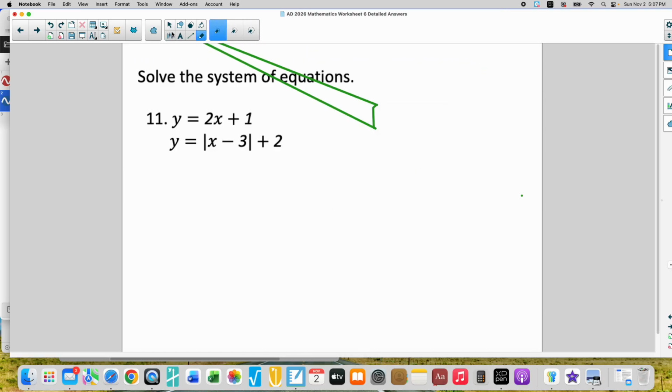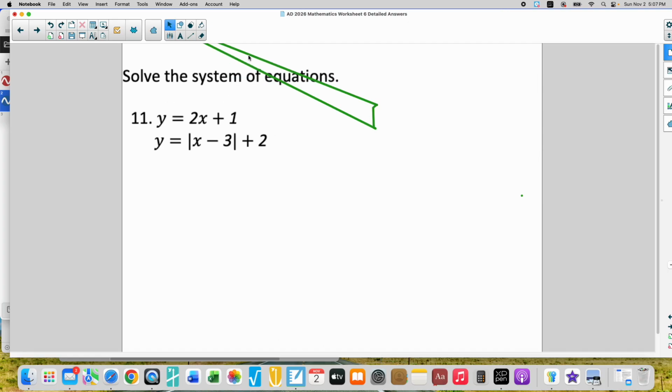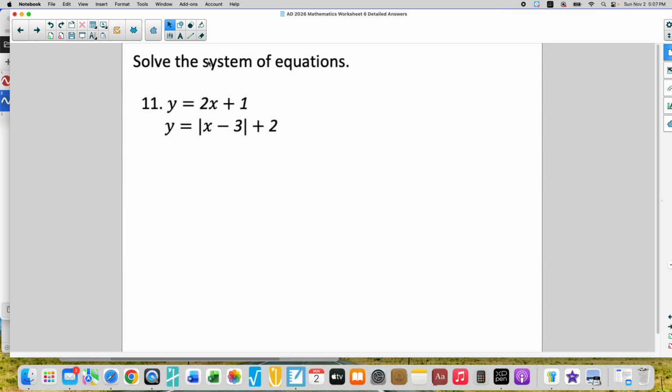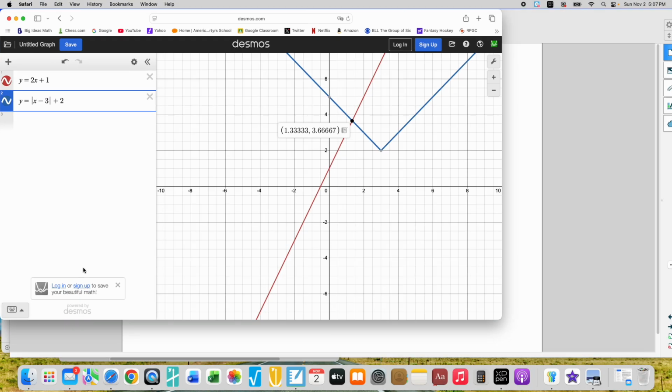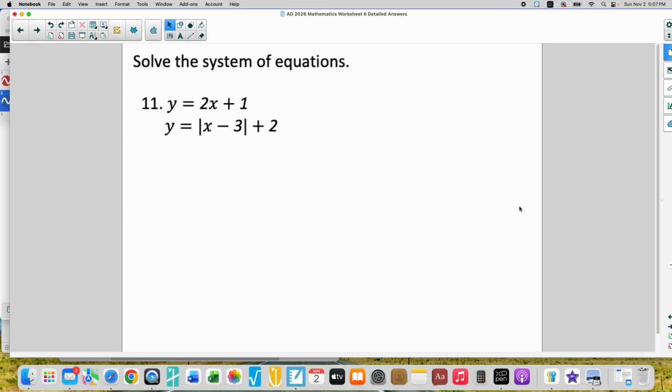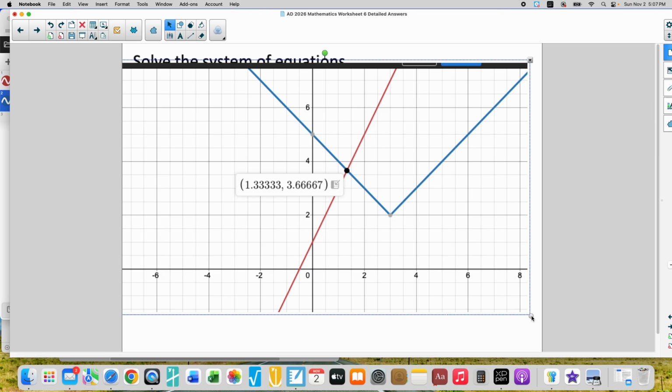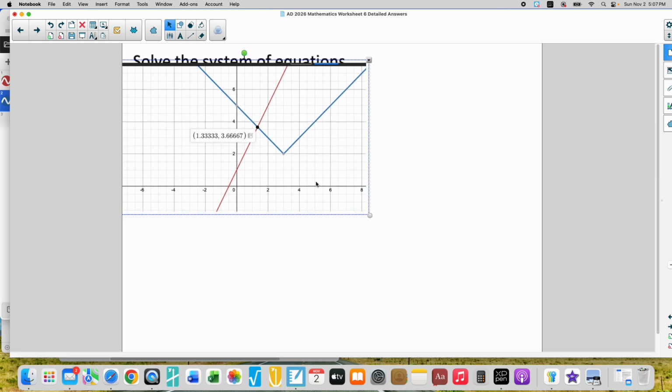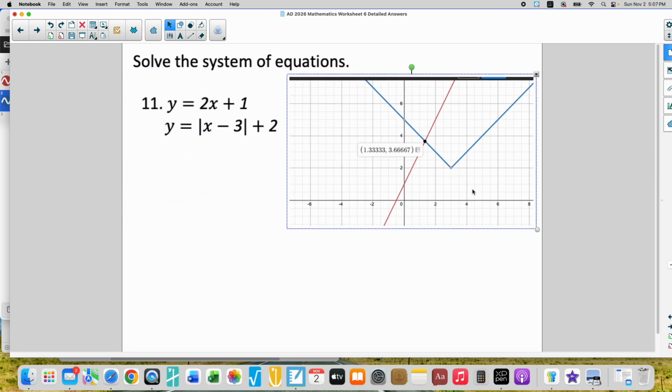Whoopsies. Wow. Delete. Let's move this. We'll copy it. So this is a nice, fun, cool way of solving these. Let's make it smaller and put it over here.